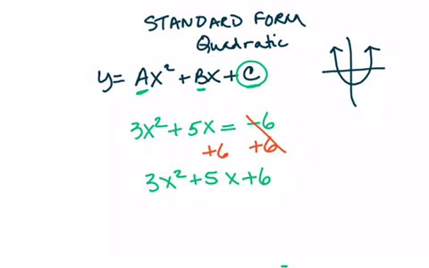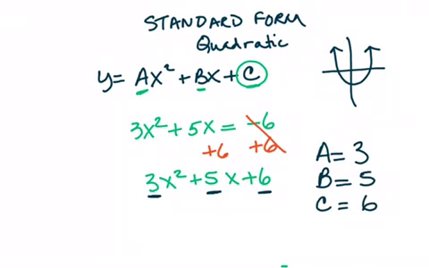Now look, watch. So the a is 3, the b is 5, and the c is 6. Sometimes we actually write it down. It's easier to see it when you do it. The a is 3, the b is 5, and now the c is 6. Whenever you have standard form, you have to have the a, the b, and the c.